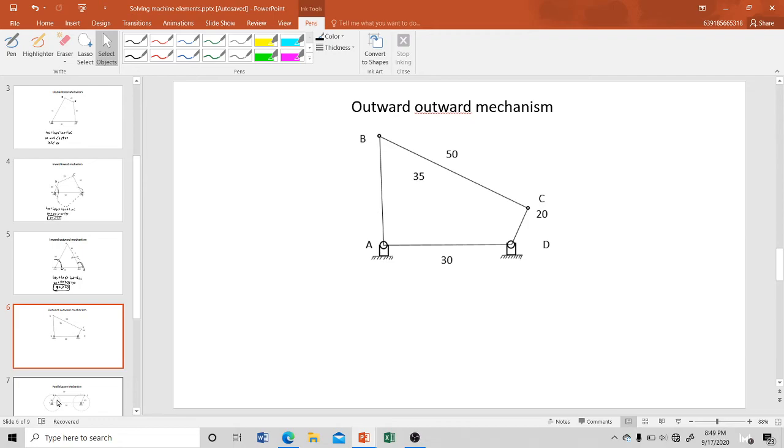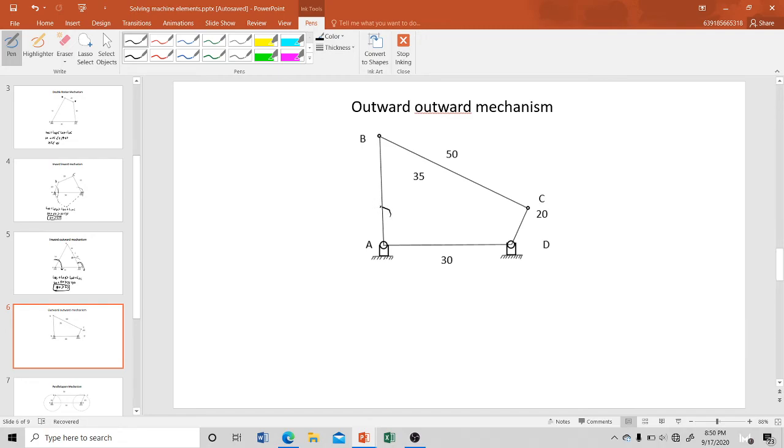In the outward mechanism, the longest length BC is the coupler. All other links can cross the frame line AD, both oscillating in an outward manner. So this is the typical illustration of an outward mechanism.